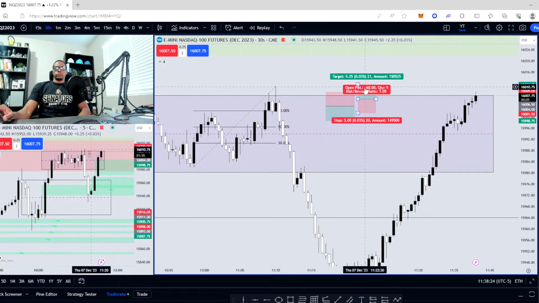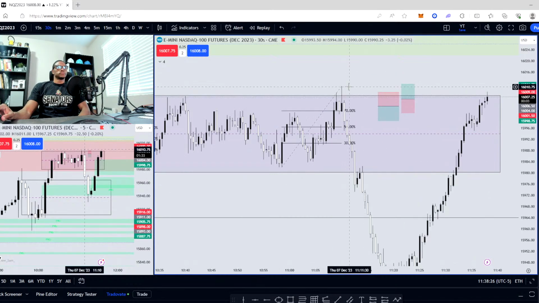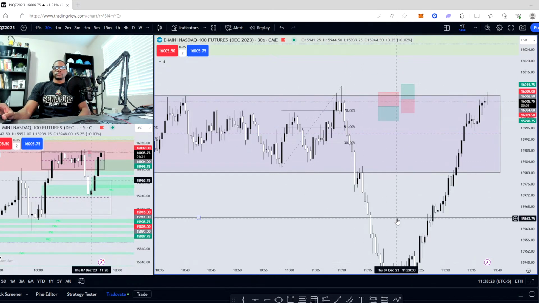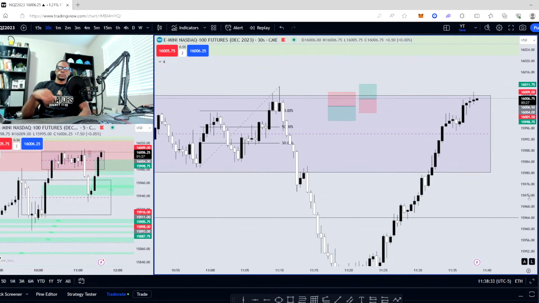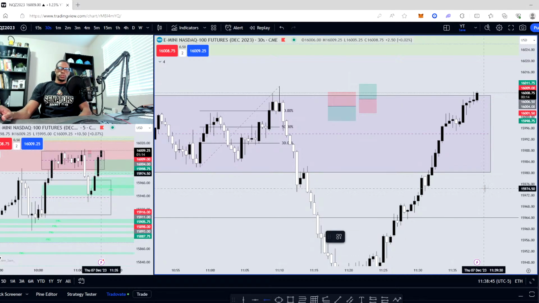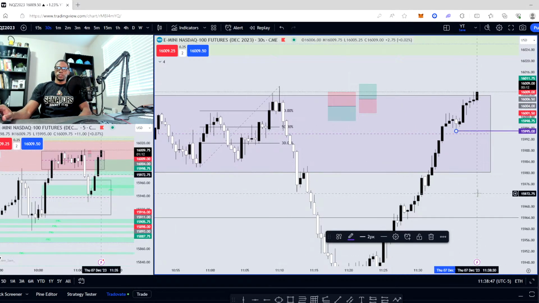Okay, we have a breakthrough, potential high of the day. We still have not had a low taken throughout this entire move up.